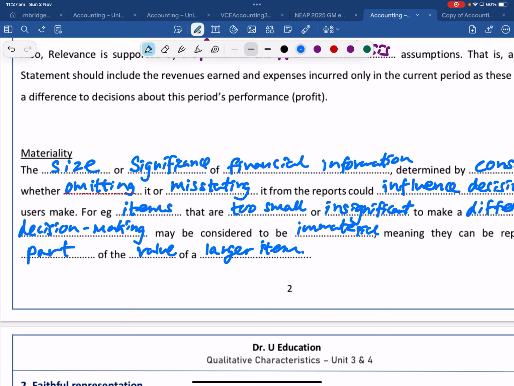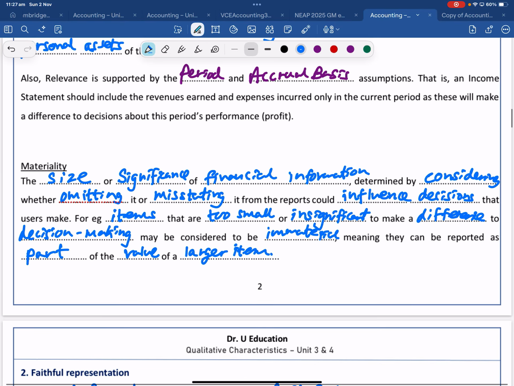It's not material enough for the decision making. So what do we say? The size or the significance of financial information should be determined by the value of the transaction in such a way that omission or mistake in that would make a difference to the users who are using financial information.